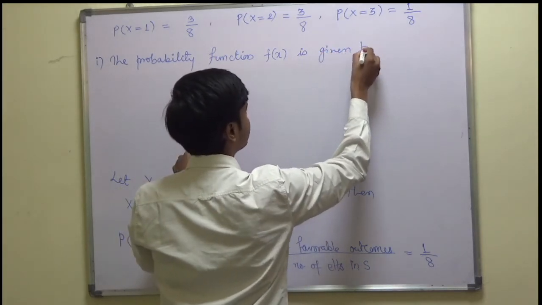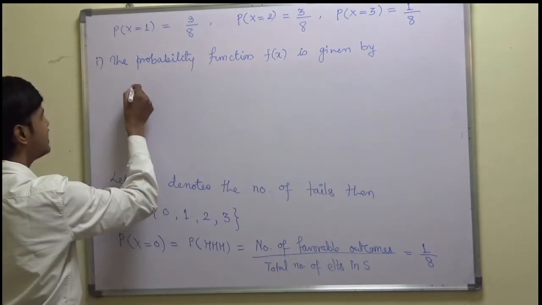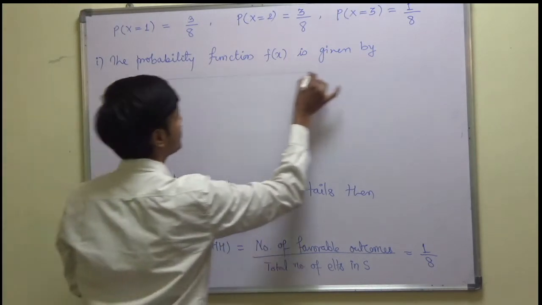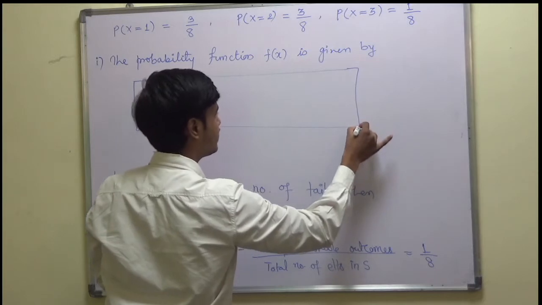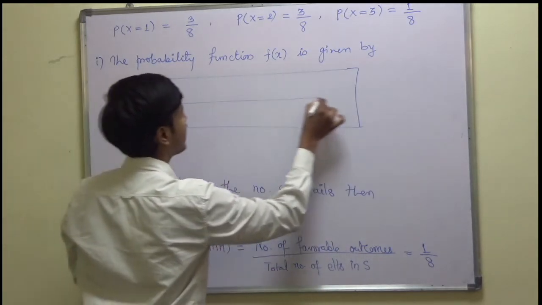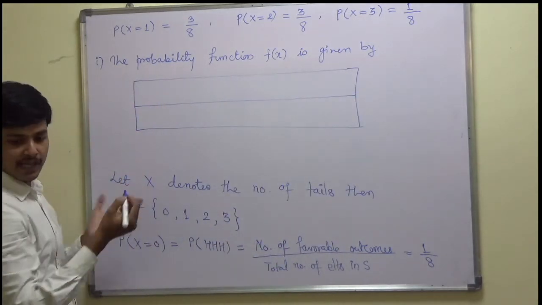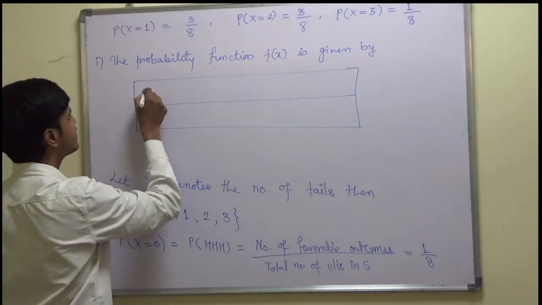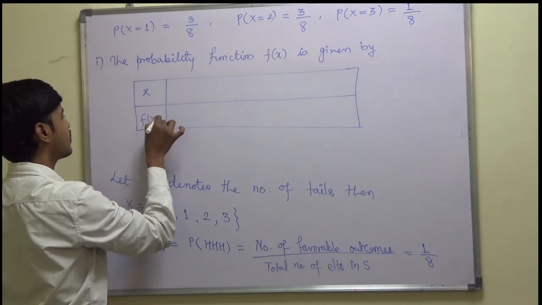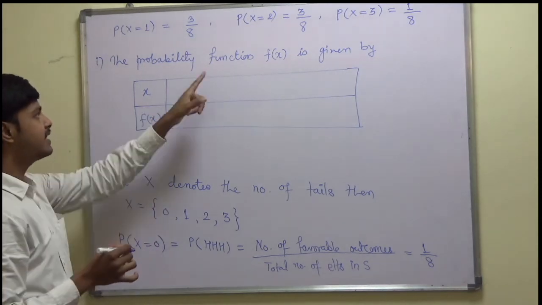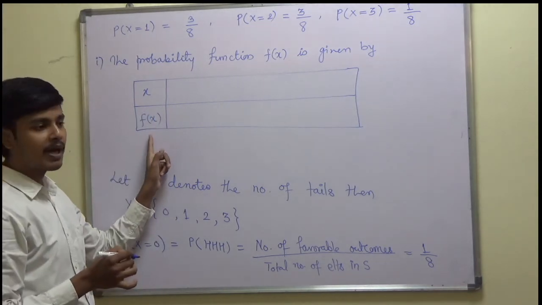what? You just need to draw a small table. So this is a table. Now you have the values of a random variable, say x, and here we have the corresponding probability. Why am I saying this f of x is a probability function?